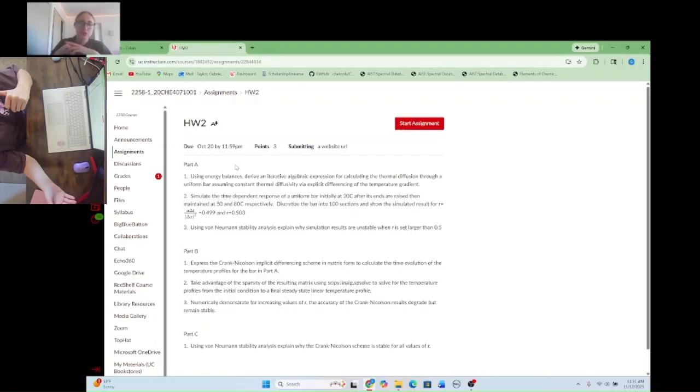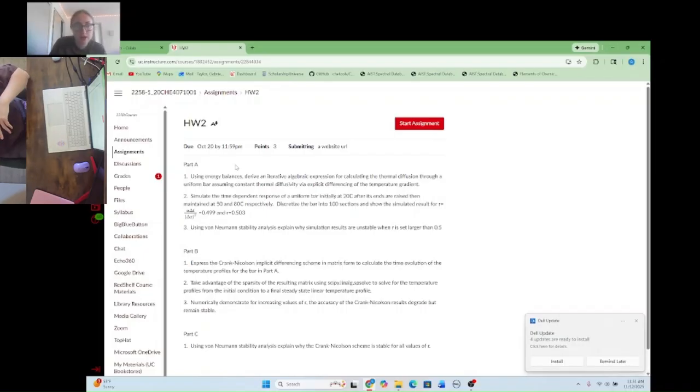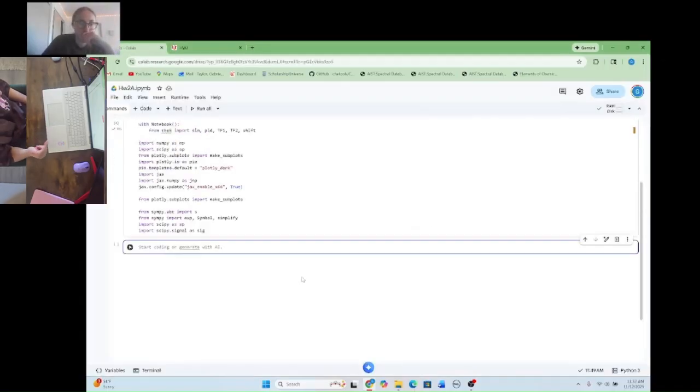Then we're going to discretize the bar into 100 sections, and we're going to show the simulated response for r is equal to 0.499, and r is equal to 0.503. Okay. So let's look at this.